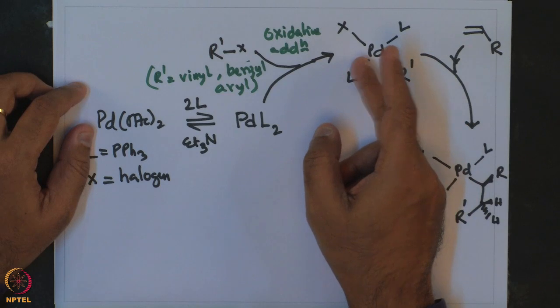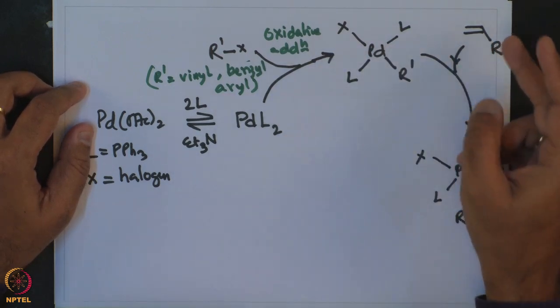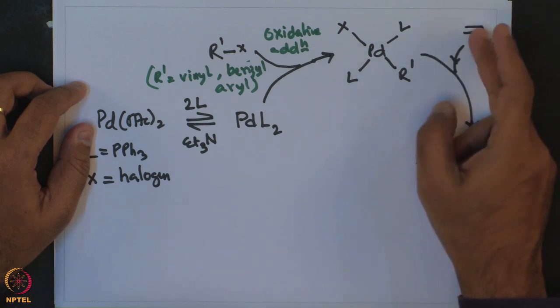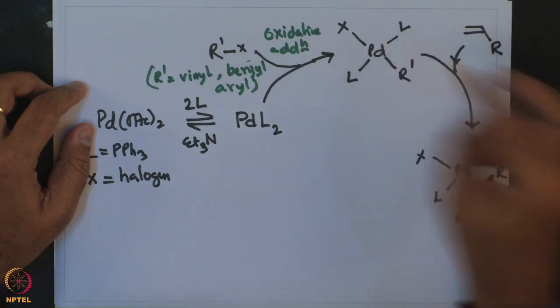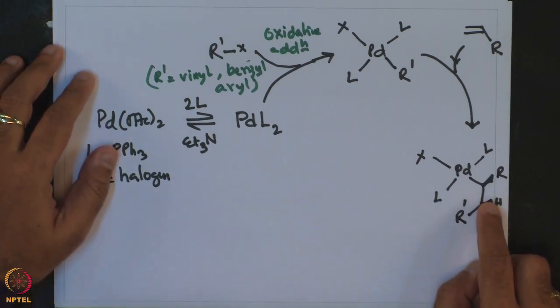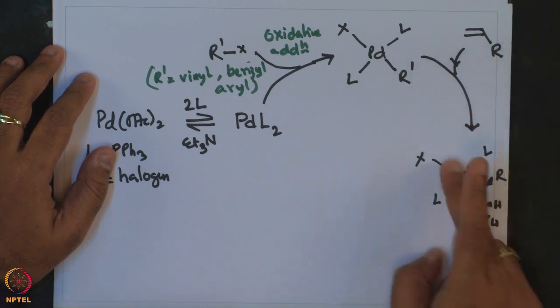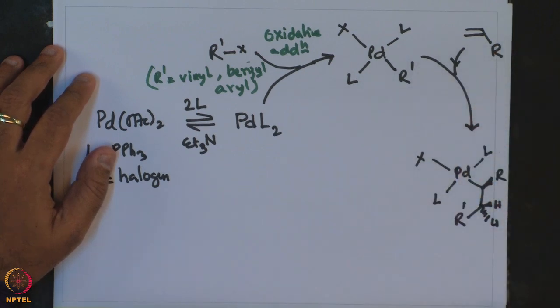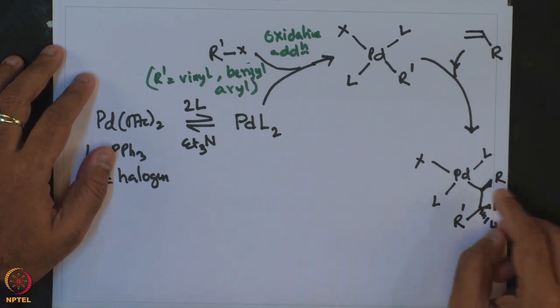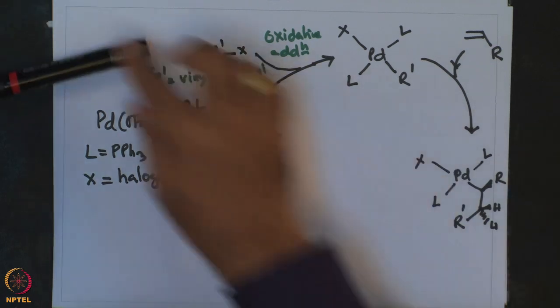So, it can only move forward, and when it moves forward, then the olefin undergoes coordination insertion into the palladium R dash bond, and this gives rise to these coordinative insertion products of the olefin, which then undergo beta hydride elimination as shown over here.